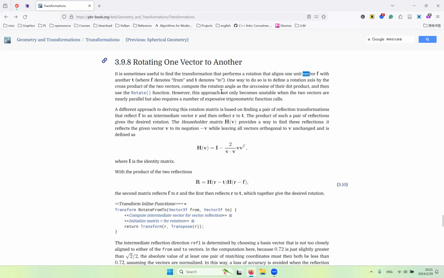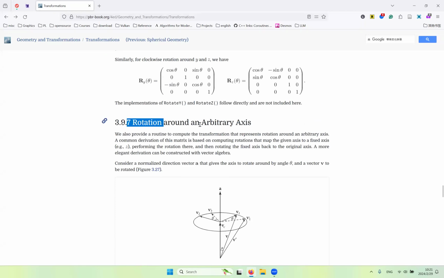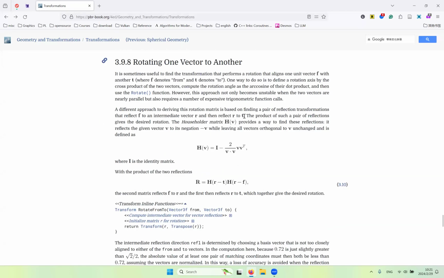We can do it the hard way by using the previous routine, but then it's a lot of trig functions and also numerically unstable. Basically we will do the inverse trig function and then the trig function. It's just not a good way to do things.